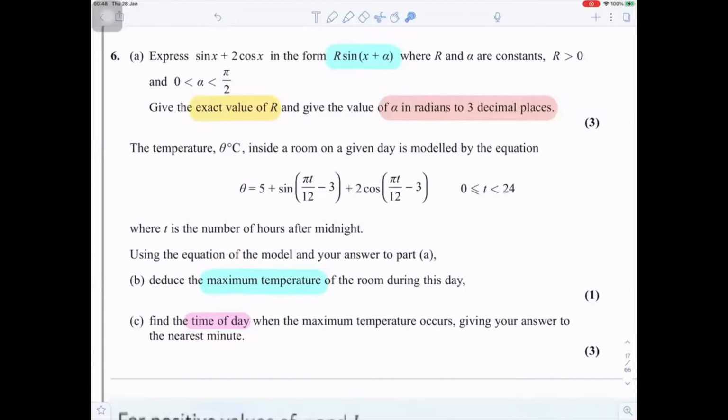For question 6b, the temperature theta degrees inside a room on a given day is modeled by the equation theta equals 5 plus sine of (pi t over 12 minus 3) plus 2 cos of (pi t over 12 minus 3), where t is the number of hours after midnight. Using the equation of the model and your answer to part a, deduce the maximum temperature of the room during this day.